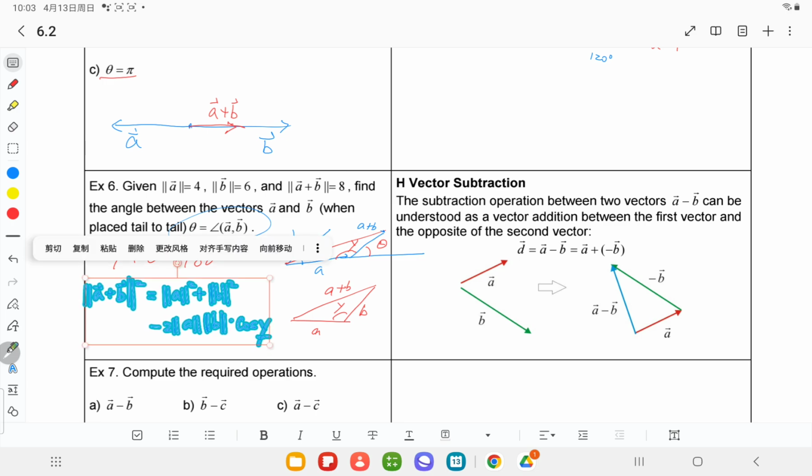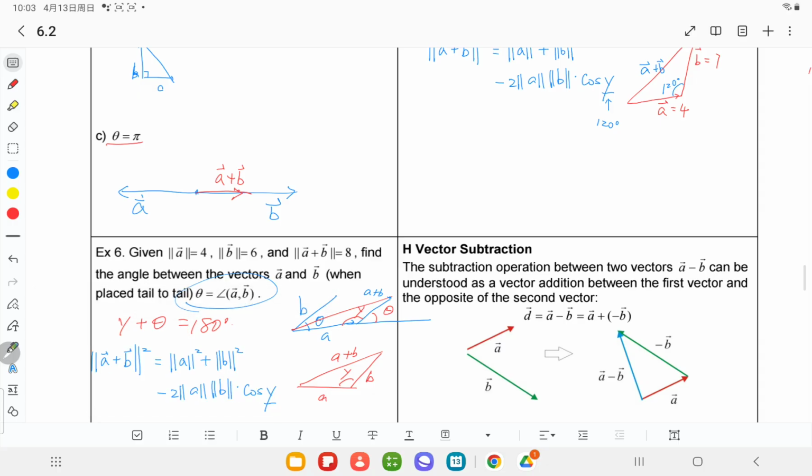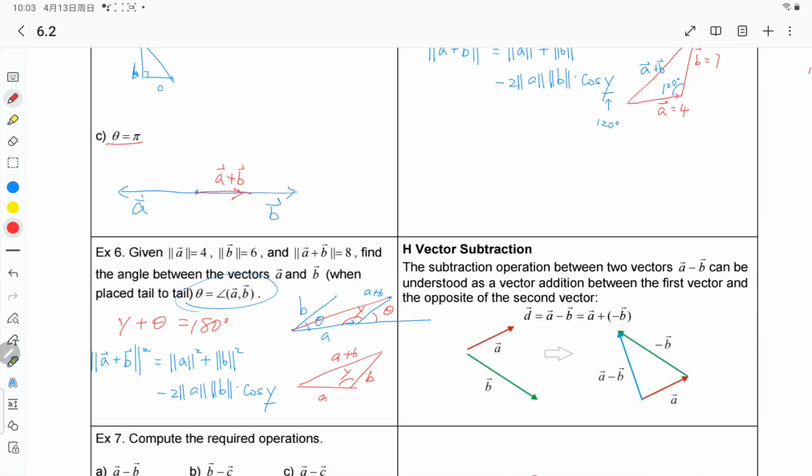We know the length of a plus b, the length of a, and the length of b, so we have cosine gamma.